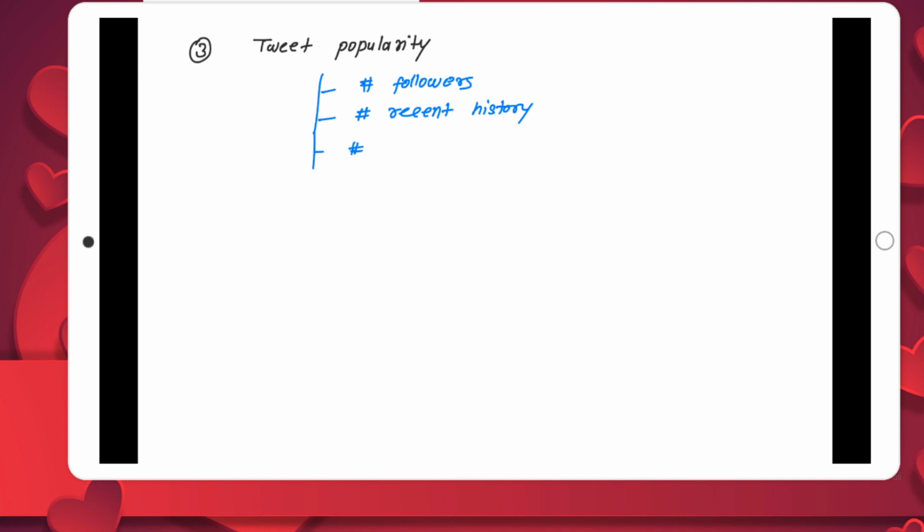Then we have the number of followers of followers. See, this is kind of a chain in retweeting. Let's say once a follower retweets a tweet, then the followers of followers are also going to see that tweet, and then the followers of followers might also retweet.